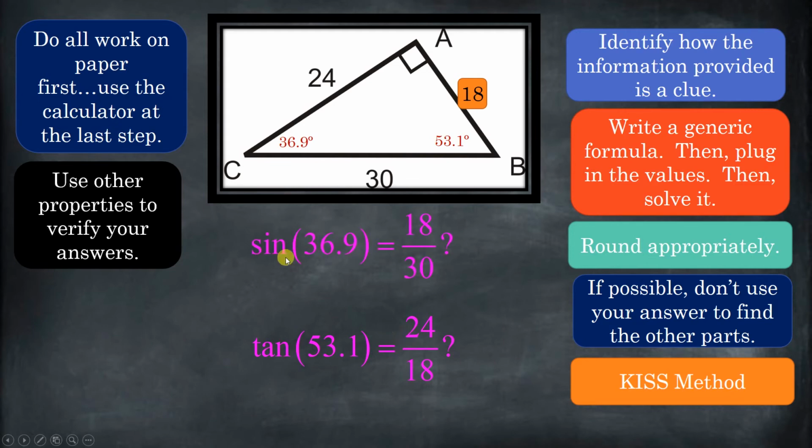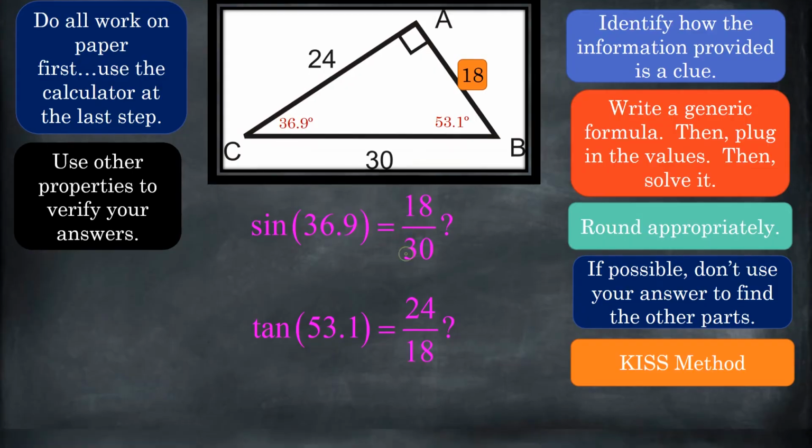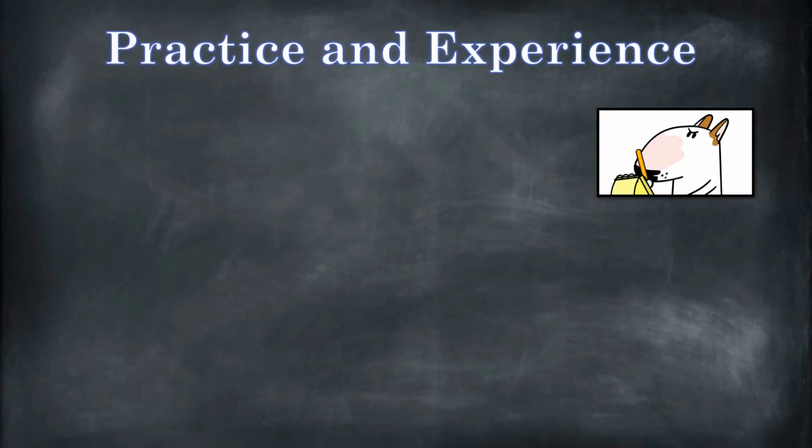You could also do the same thing with the sine of 36.9. So if the sine, opposite over hypotenuse, is 18 over 20, if you plug this into the calculator and you get the same thing that this reduces to in a calculator, then you are probably 100% rock solid and you got the right answer.